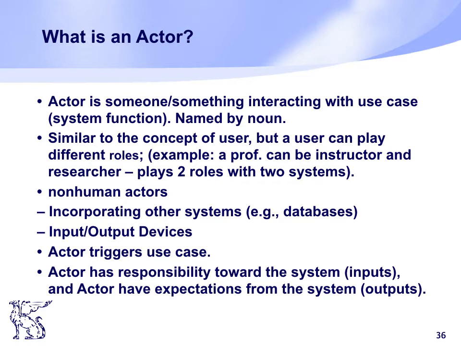It could be a human user, an internal application, or some external application. So there will be human actors and also non-human actors. Actors trigger use cases, and they have some responsibilities toward the system, and also some expectations from the system.